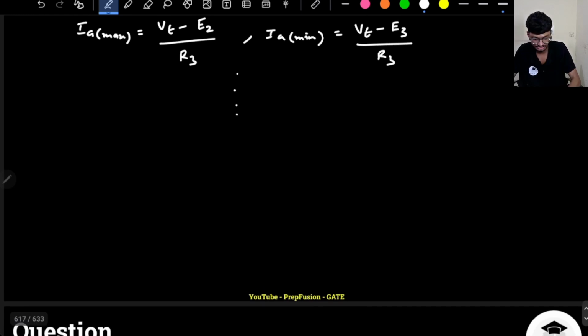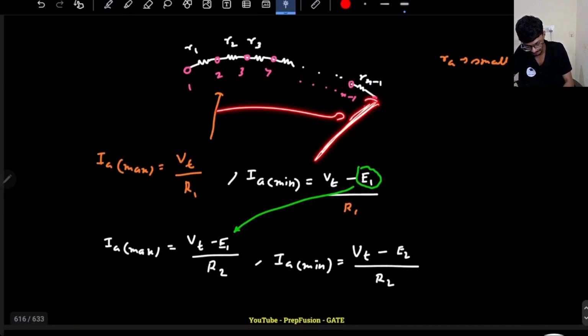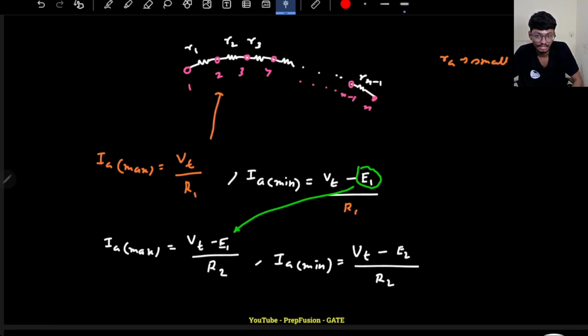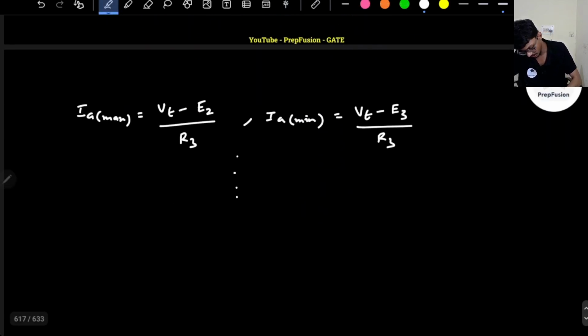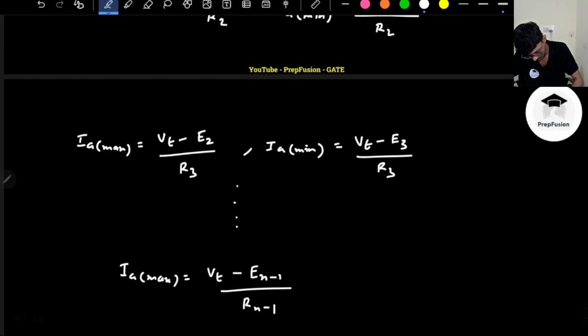So in the last step, once my pointer reaches here, what will happen? In the last step, basically only Ra will be left here, right? In the last step, IA maximum will be, let's say, Vt minus E n minus 1 divided by R n minus 1, correct?